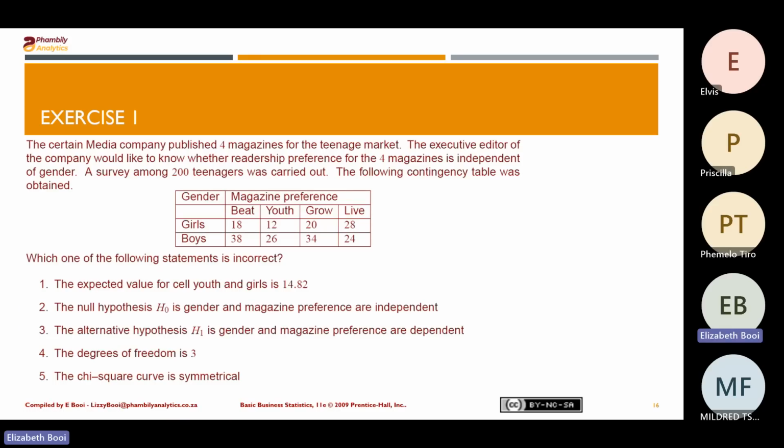Okay, a certain media company published 4 magazines for the teenage market. The executive of the company would like to know whether readership preference for the 4 magazines is independent of gender. A survey among 200 teenagers was carried out, and the following contingency table was obtained.